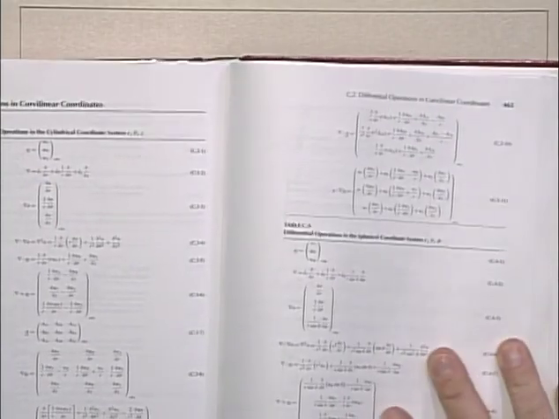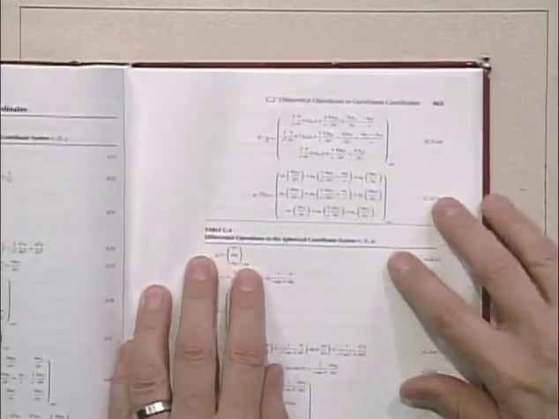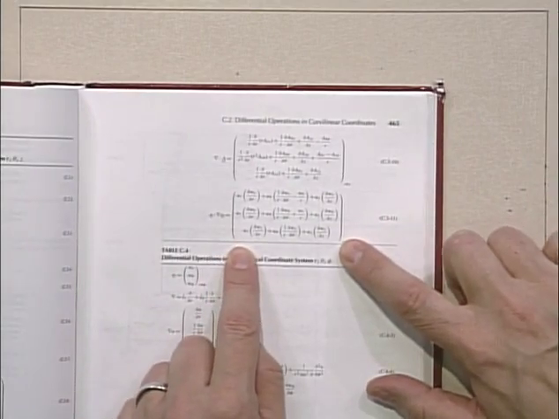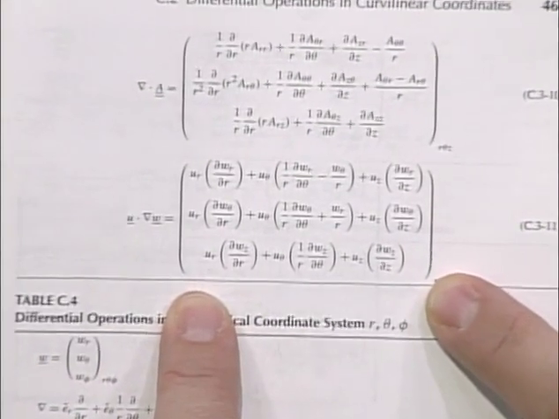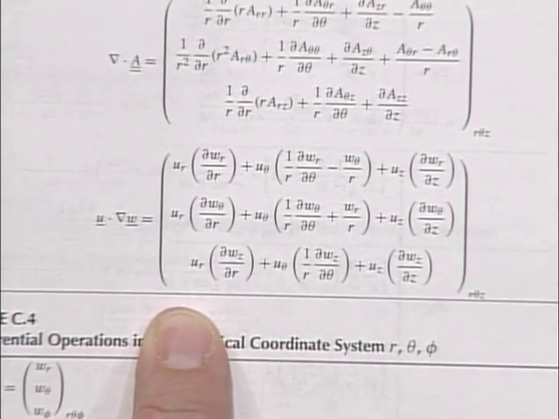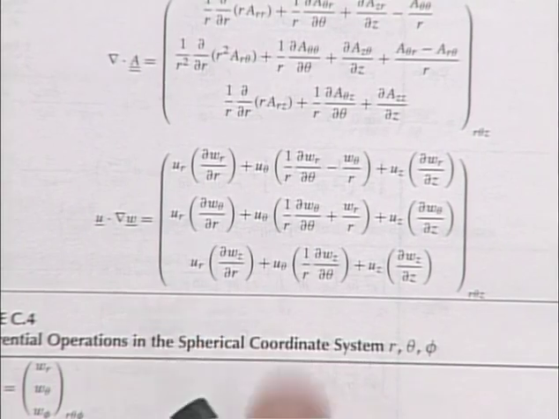And I want to direct your attention to this entry here. This is the v dot del v entry. And so I don't have to copy it all down, we'll just look at this together.